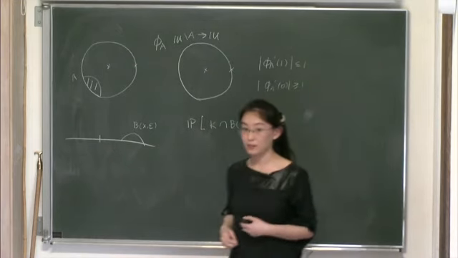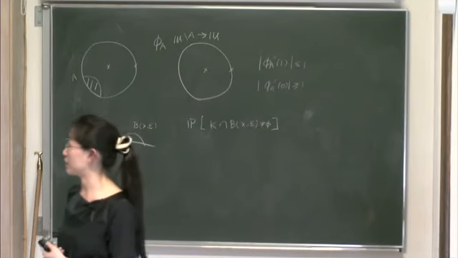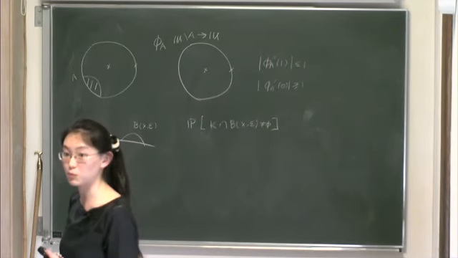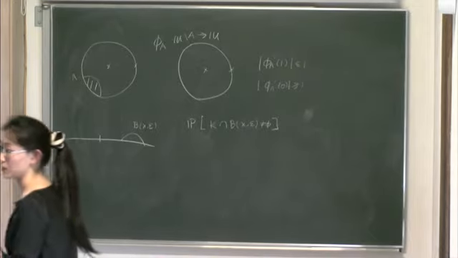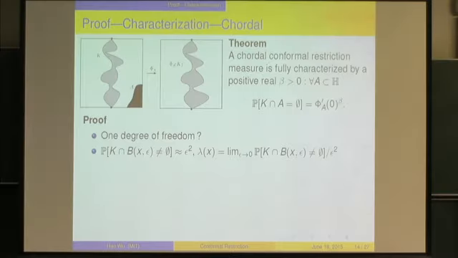And in fact, we can derive from the restriction property that this probability will decay like epsilon squared. Then we normalize this probability by epsilon squared and take the limit. We call this limit lambda of x. And here we can say that this limit will depend on where the center of this ball is. This is the first step.